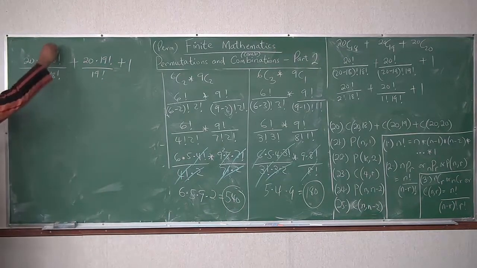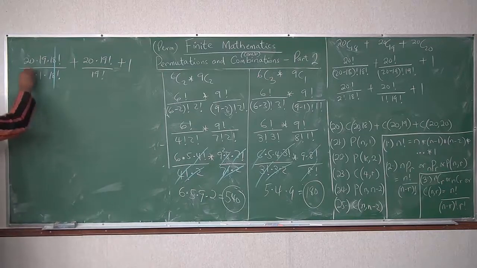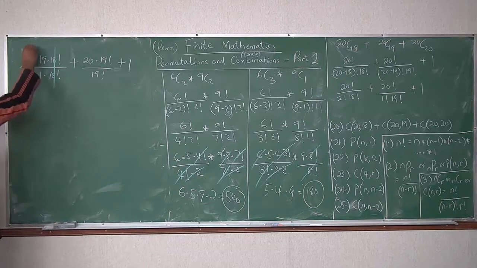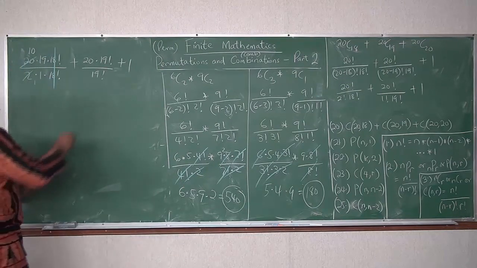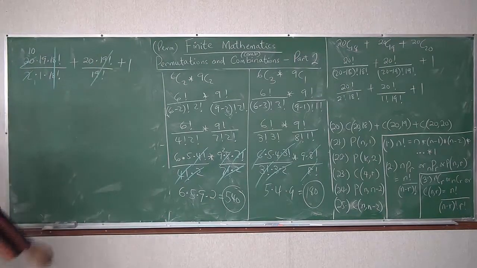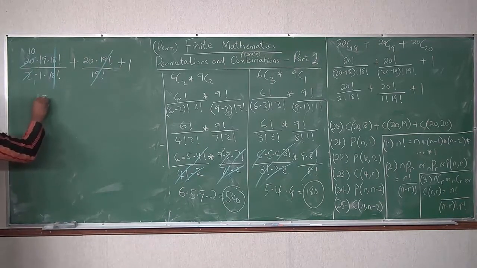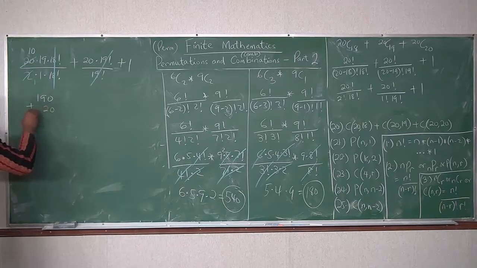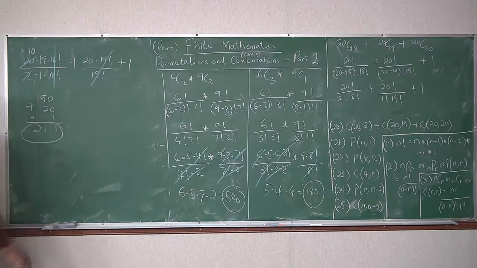So that cancels. 2 into 2 is 1, 2 into 20 is 10. Then that cancels. So 10 times 19 is 190, plus 20, plus 1. That gives 211.